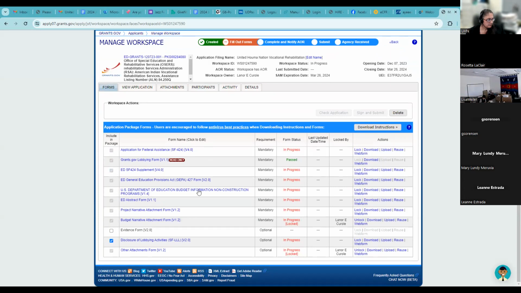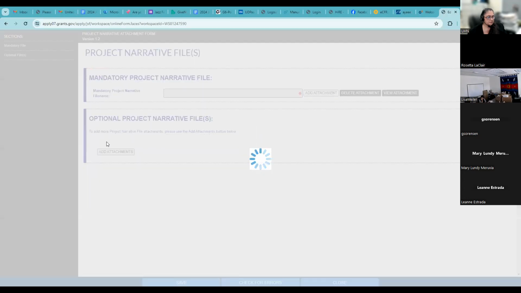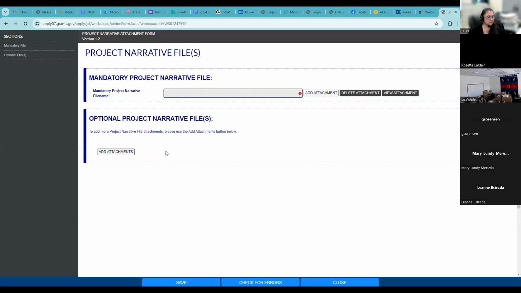Yes, I was asking for others' opinions on if attachments to the narrative, if you all were uploading them in that project narrative section or in the other section below, because I see where it can allow multiple files to be uploaded in the project narrative section, more than just the project narrative.